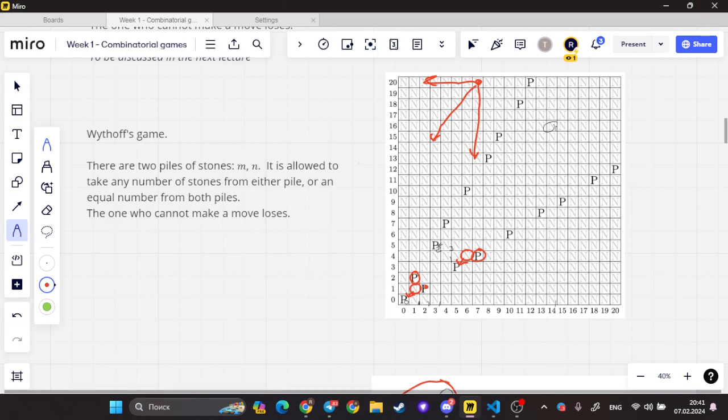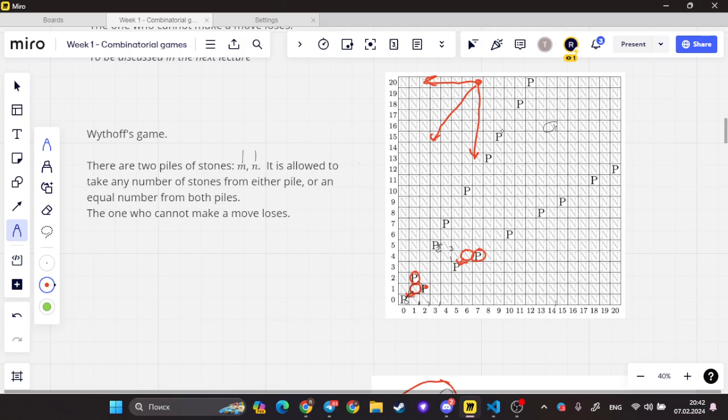For example, if we have 1 and 1 stone, it means the first player wins, because it can move like this, and that's it. And the second player will lose.